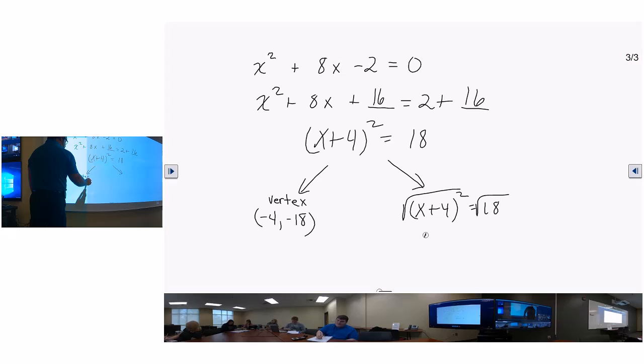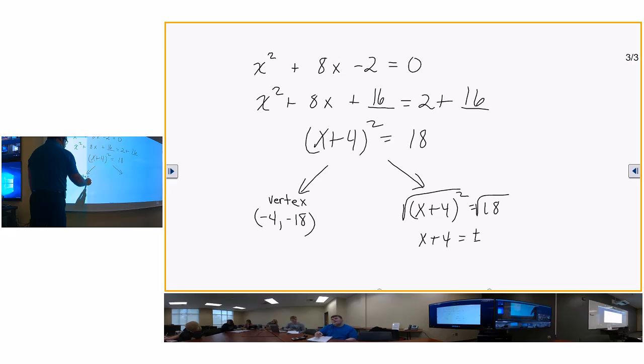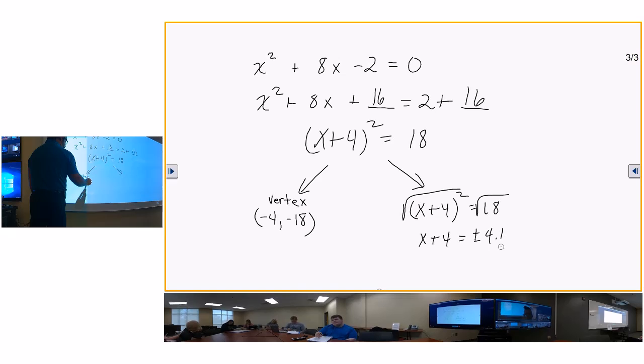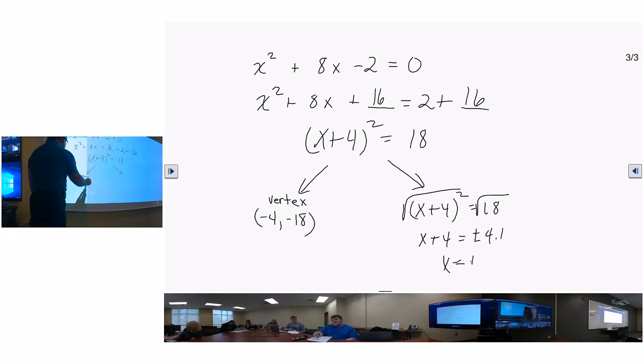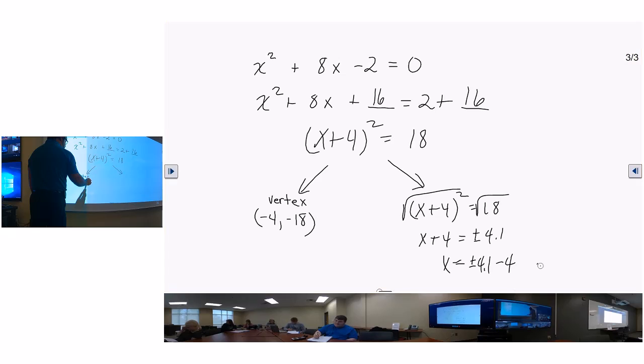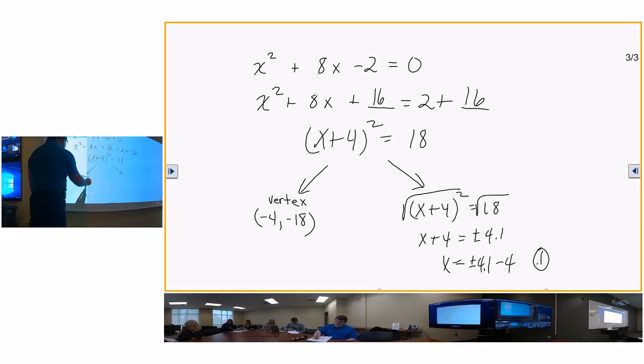X plus 4 is equal to positive or negative the square root of 18. Well, 16 is 4. So I'm going to say 4.2 maybe, or 4.1. And then x is equal to positive or negative 4.1 minus 4. And 4.10 minus 4 is 0.1. So that's one x-intercept.